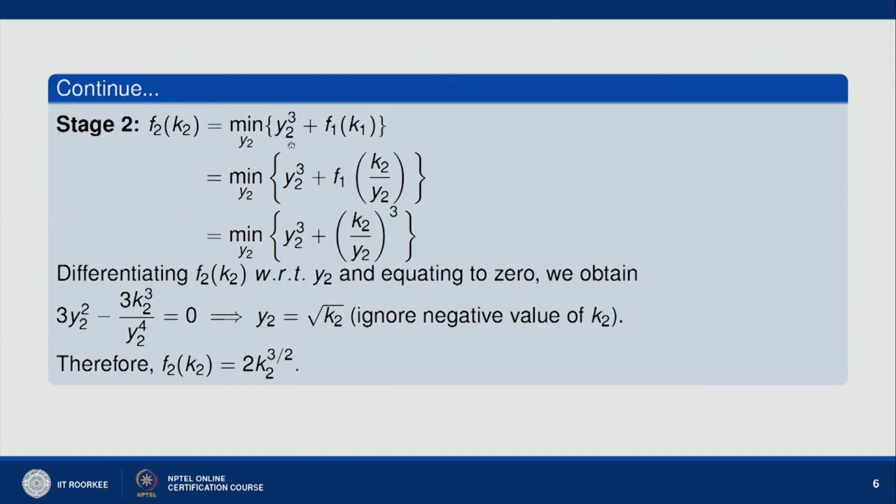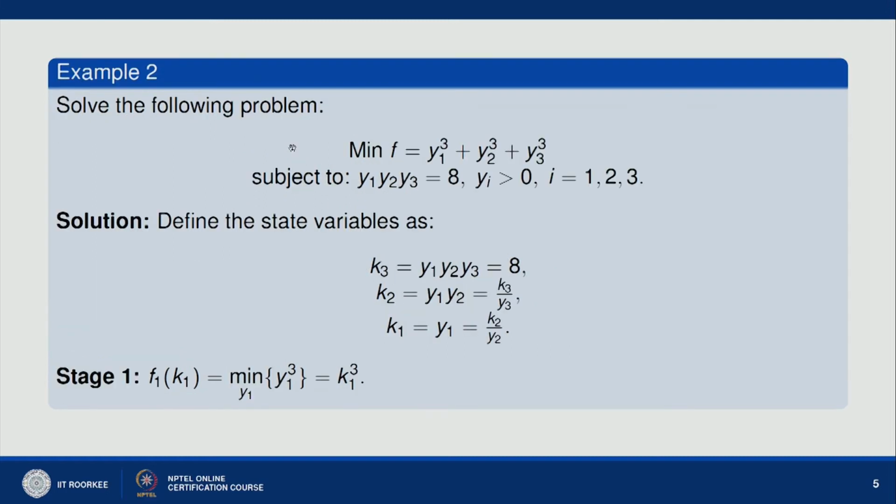Now, in the second stage, the second component is y2 cube, plus whatever we obtained from the first stage, that is f1 of k1, and k1 is equal to k2 upon y2.